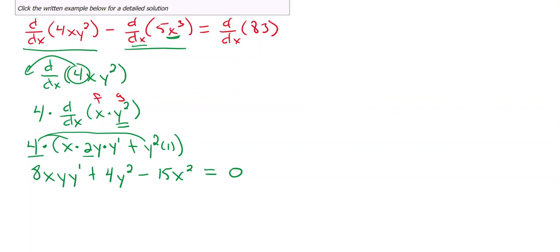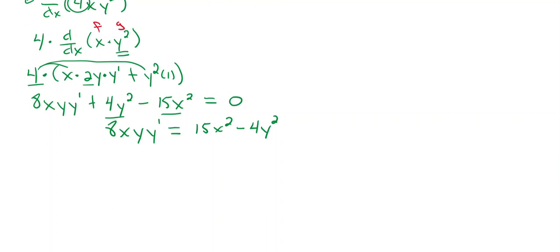So what was the point of all that? Well, in this expression we now have y prime, so all we have to do is rearrange for y prime and we should be done. I'm going to bring these two terms to the other side first. So we have 8x times y prime is equal to, and when these terms move to the other side they have the opposite sign, so 15x squared minus 4y squared, all over, we'll leave it like that for now.